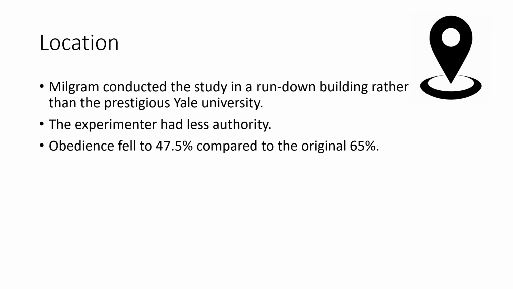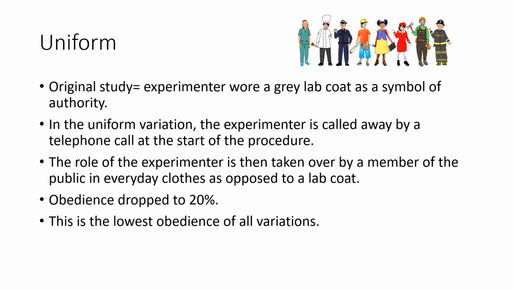And when they did this, obedience fell to 47.5% compared to the original baseline of 65%. Now it still is quite high, that is the highest of the variations after the original, so that's something to think about.